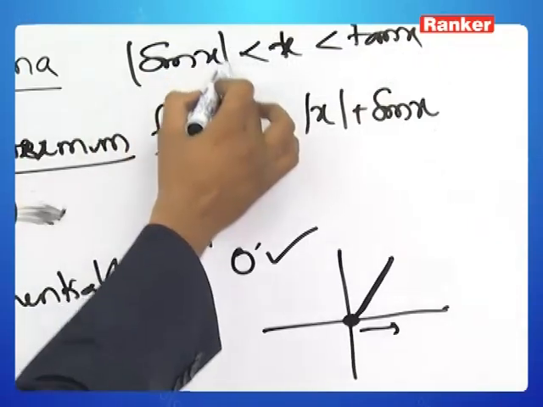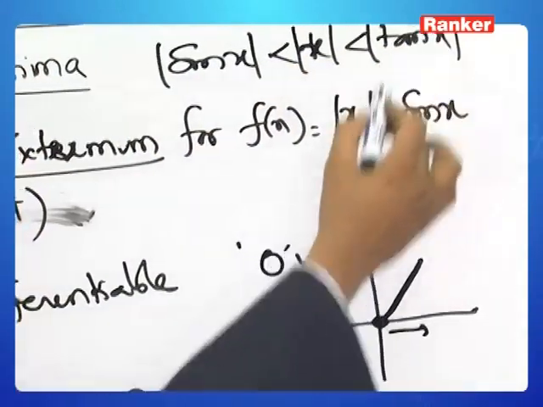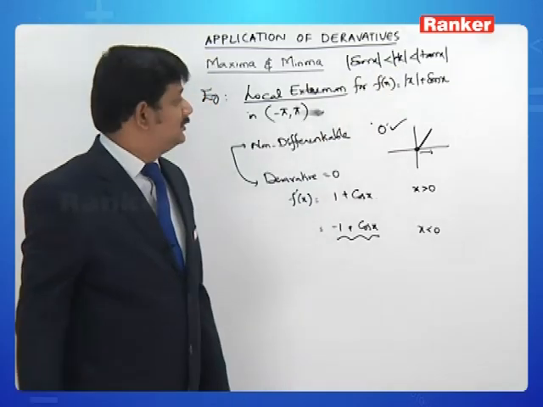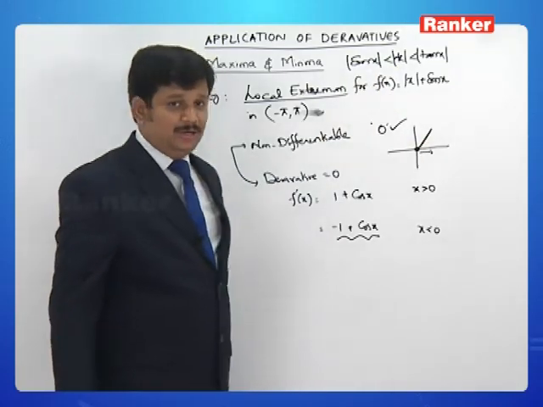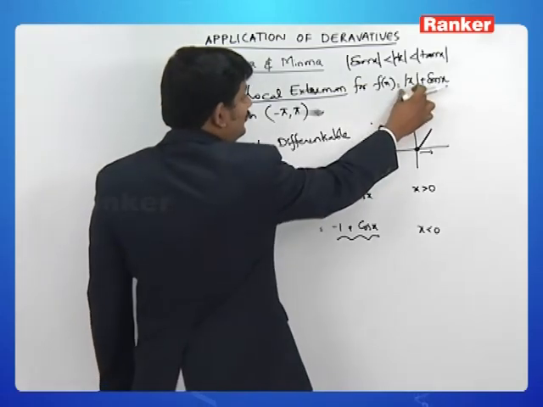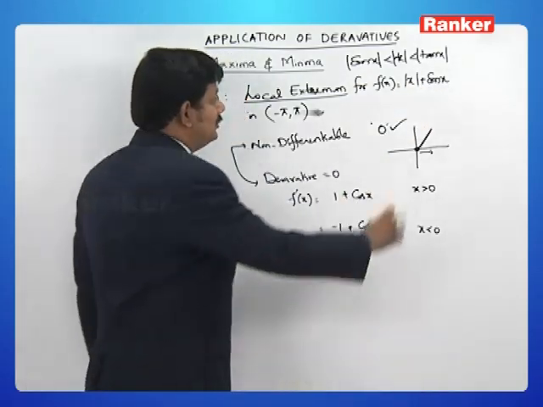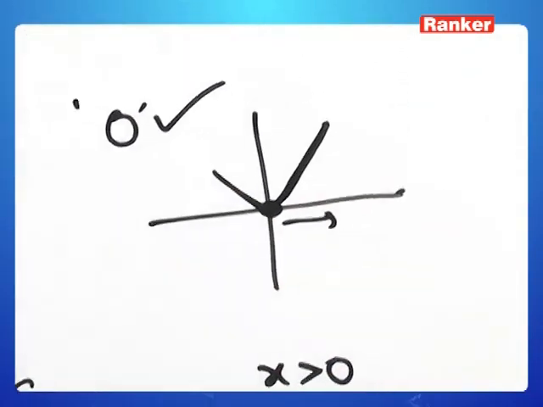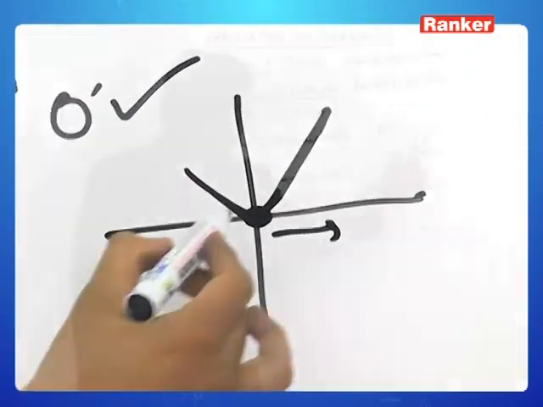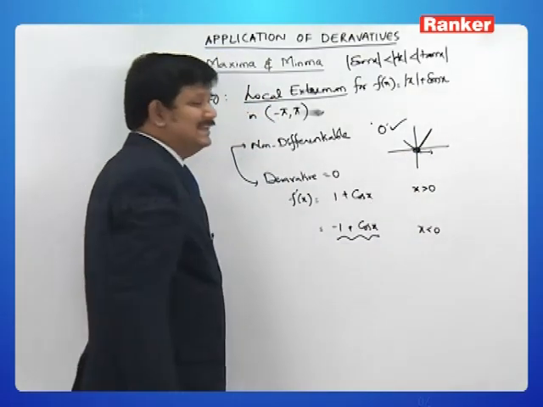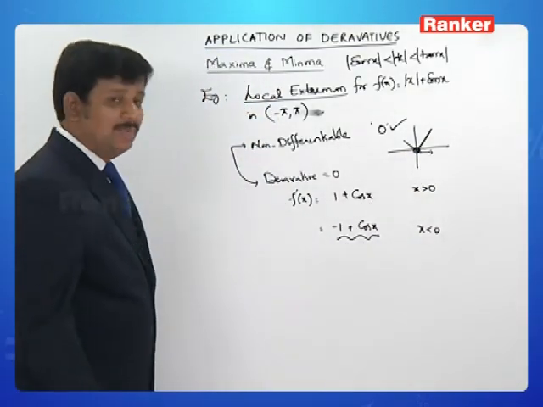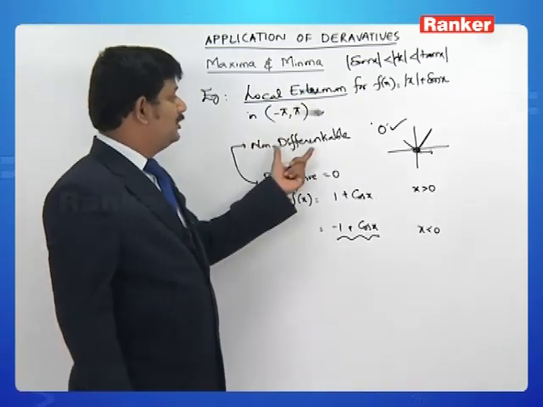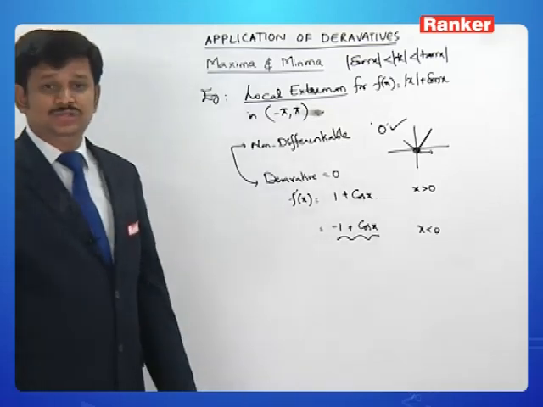So modulus of x will be greater than modulus of sin x from minus pi by 2 to pi by 2. Because the positive number is more in magnitude than the negative number, to the left side also functional values will be positive. So we can see f of 0 is the least value, a local minima, which qualifies to be a local extremum. So there is only one point of local extremum, which is x equal to 0.